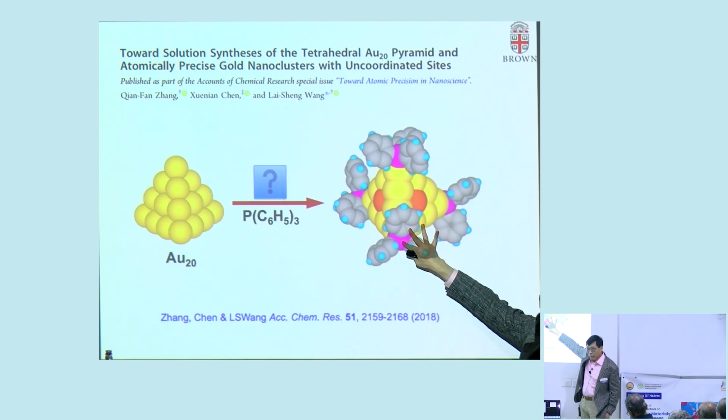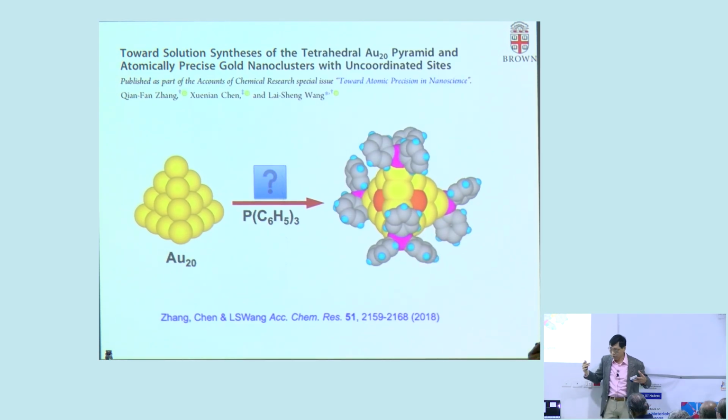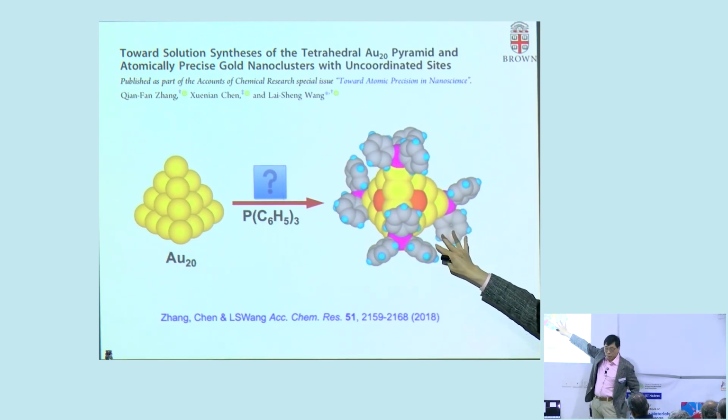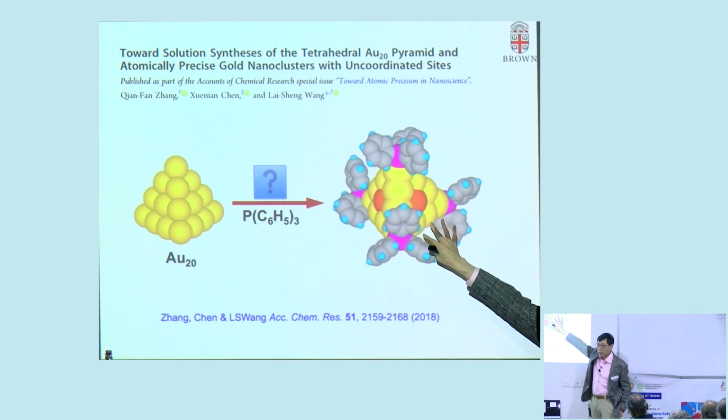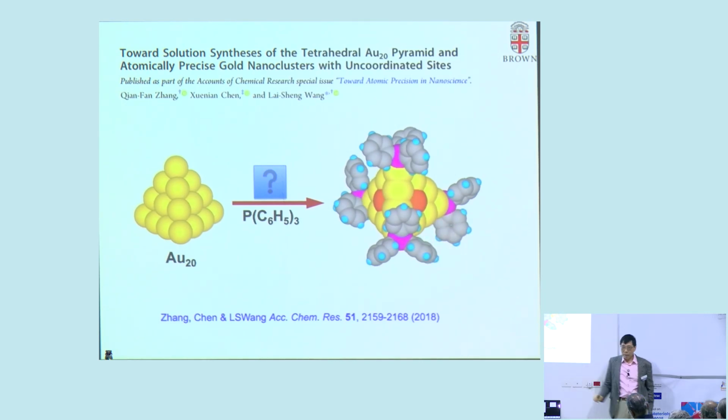But along the way, because we use new ligands, my belief is that if you use a new ligand to make a gold cluster, you will make new clusters. So if we find the right ligand, this cluster, I think, is still achievable. But this will be for some of you to accomplish.